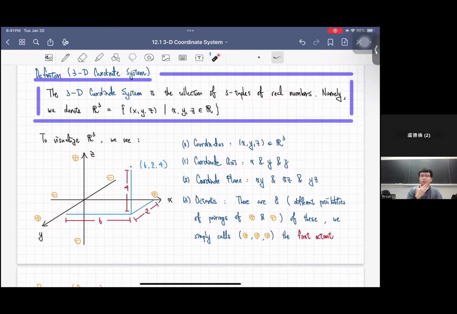This will be the canonical way to draw the xyz axes. And there are three coordinate planes: the xy plane, the yz plane, and the xz plane. And we don't name every octant, we only name one of them, which is plus plus plus. We name it the first octant.